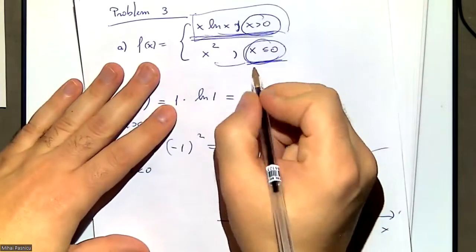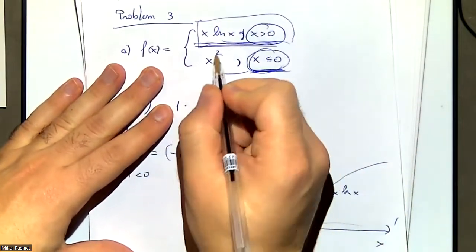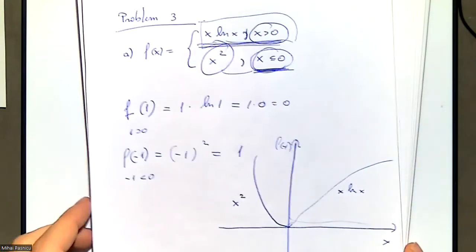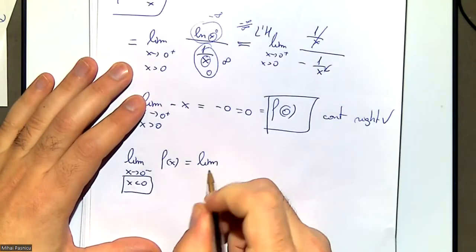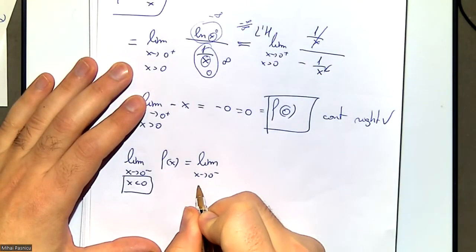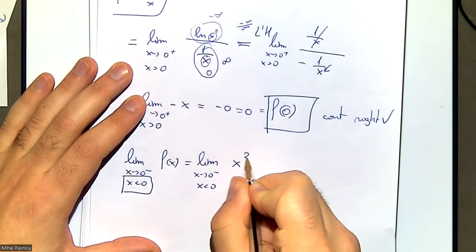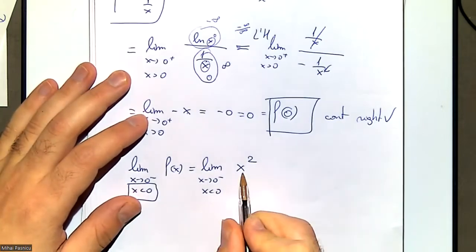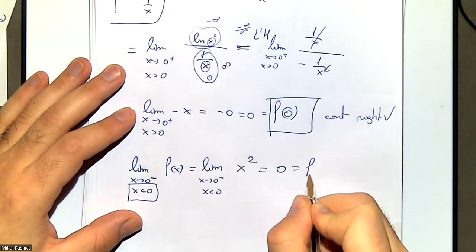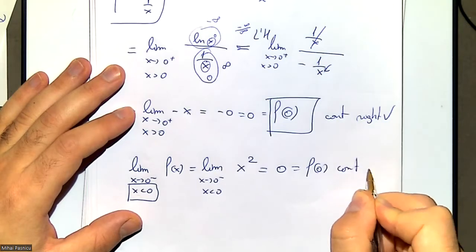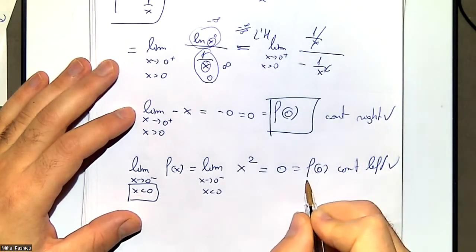So this one. X is smaller than 0, so I got to use x squared. And now I'm going to get the limit as x goes to 0 with a minus of x squared. When x goes to 0, x squared just goes to 0 as well. So this is just 0, f of 0, continuous left, check.